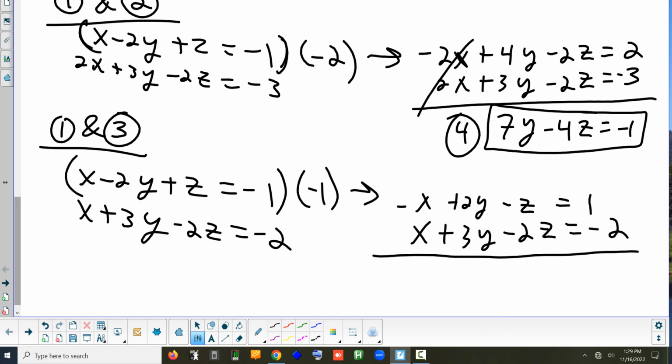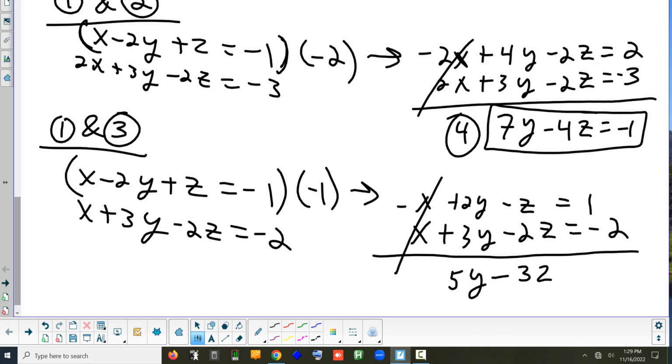Gavin, can you add those up for me? Would it be -1y, and no, sorry, 5y. Yep. 5y. The x's are gone because that was a -x and a positive x. -3z.